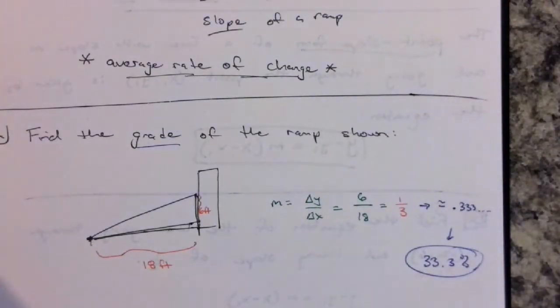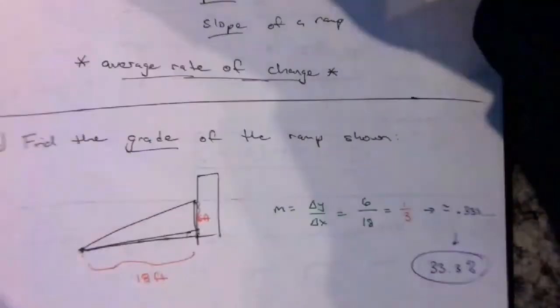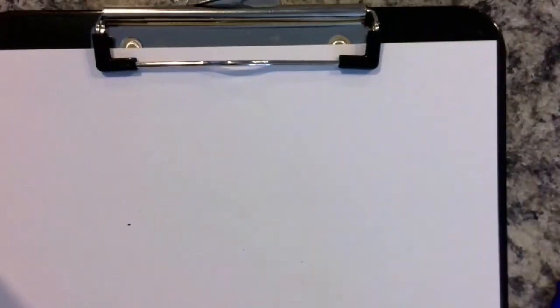The last way we'll talk about it is just doing an example with the average rate of change, because I think it's helpful. So let's write out our slope definition, but using average rate of change, and then we'll talk about how to actually do an example using it.